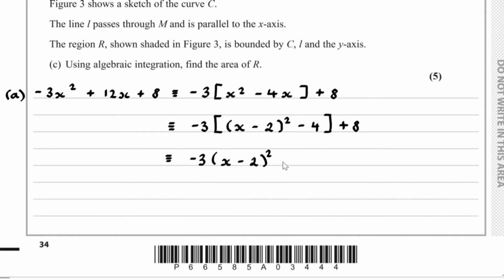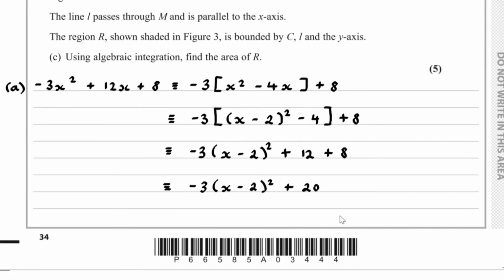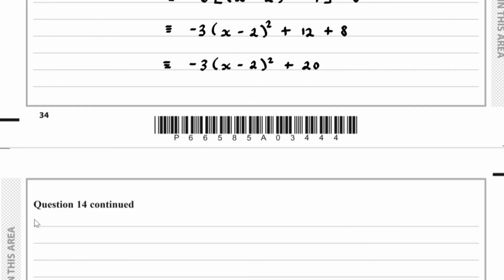Minus 3 times minus 4 is plus 12. And then we've got the plus 8. So if we tidy all of this up, we've got minus 3 lots of x minus 2 all squared plus 20, from which we can conclude f of x is equal to minus 3 lots of x minus 2 all squared plus 20.